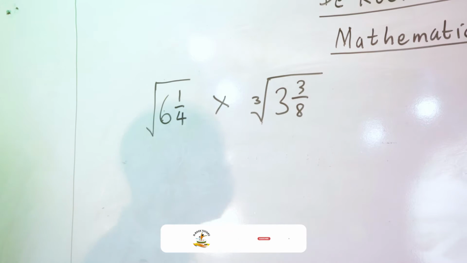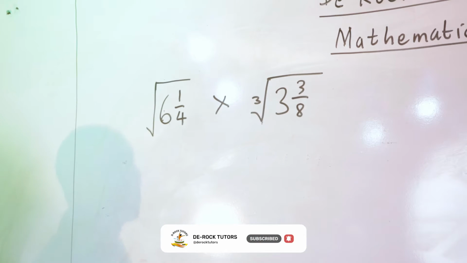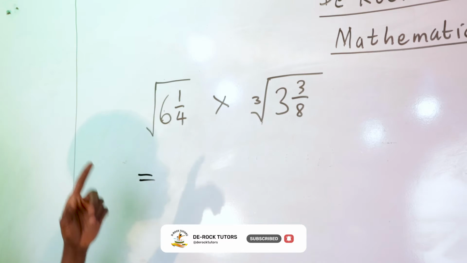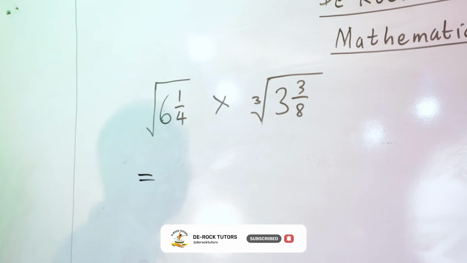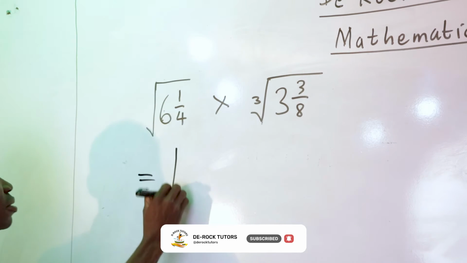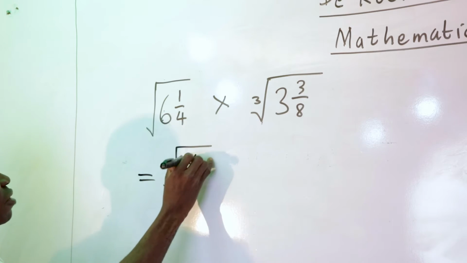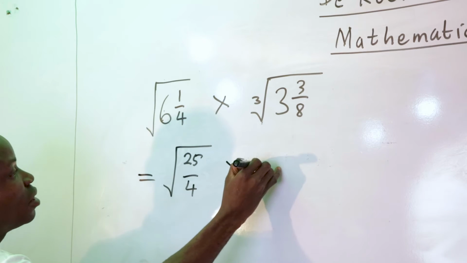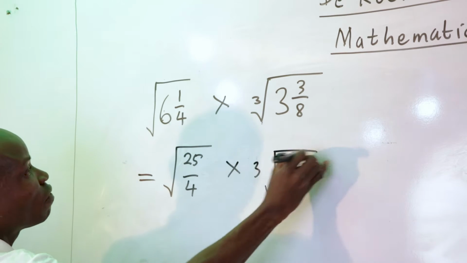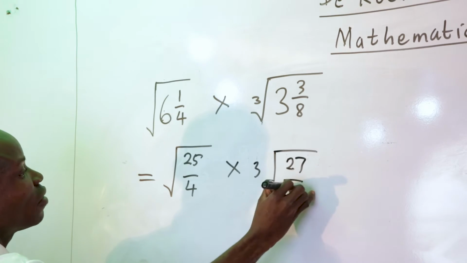Number 5, simplify the square root of 6 whole number 1 over 4 multiplying the cube root of 3 whole number 3 over 8. We discovered that expressing 6 whole number 1 over 4 as an improper fraction gives us the square root of 25 over 4 multiplying the cube root of 27 over 8.